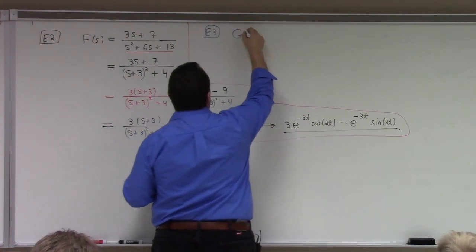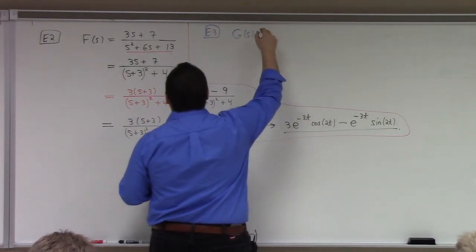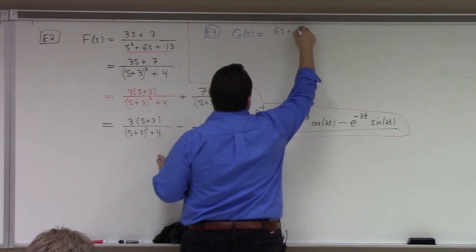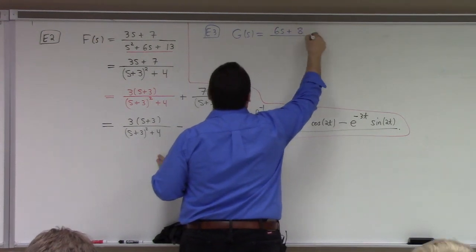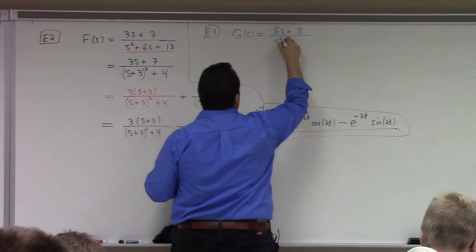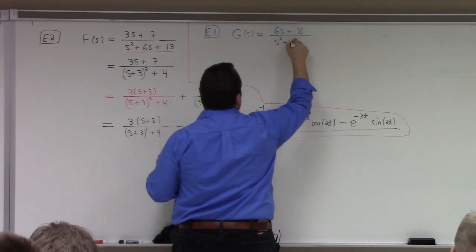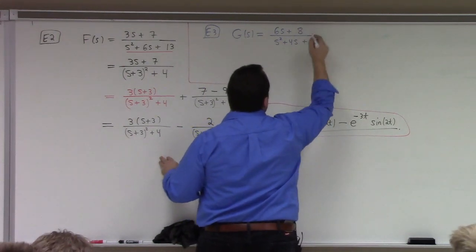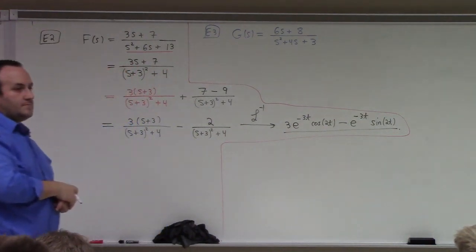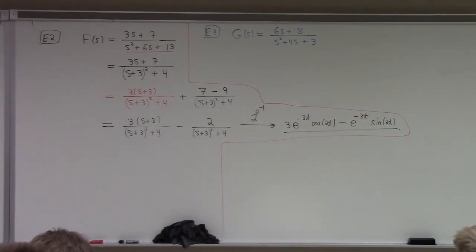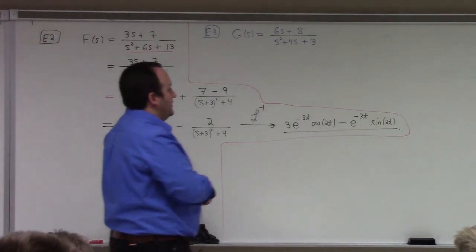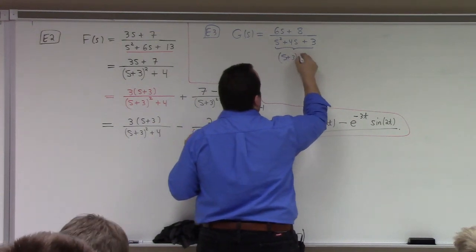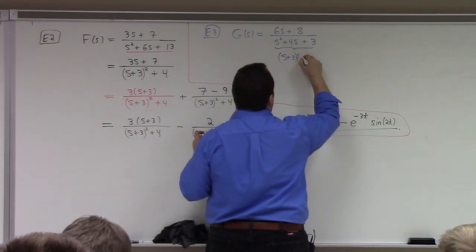Let's say G of s equals, I don't know, 6s plus 8 divided by s squared plus 4s plus 3. And so this factors, right? This is s plus 3 times s plus 1.